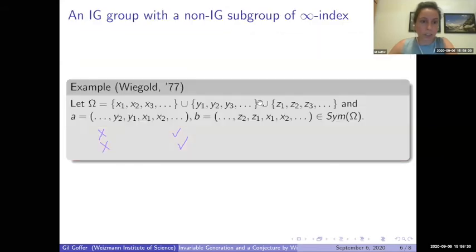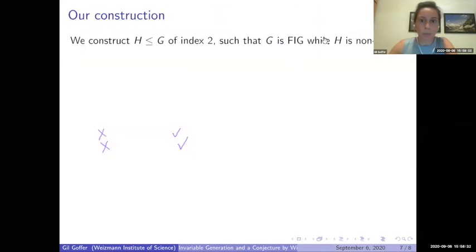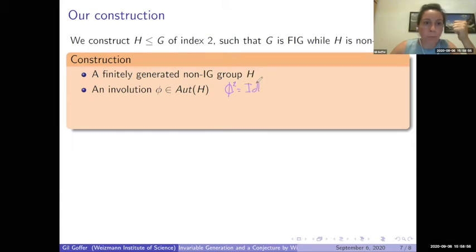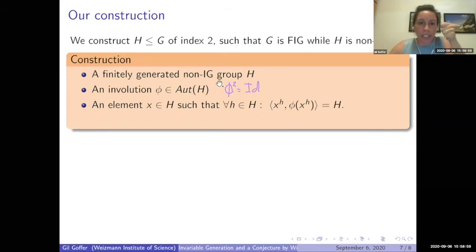Let me sketch briefly the construction. We produce a finitely generated non-IG group H that admits an involution, an order 2 automorphism phi. We mark a specific element X with a weird property.